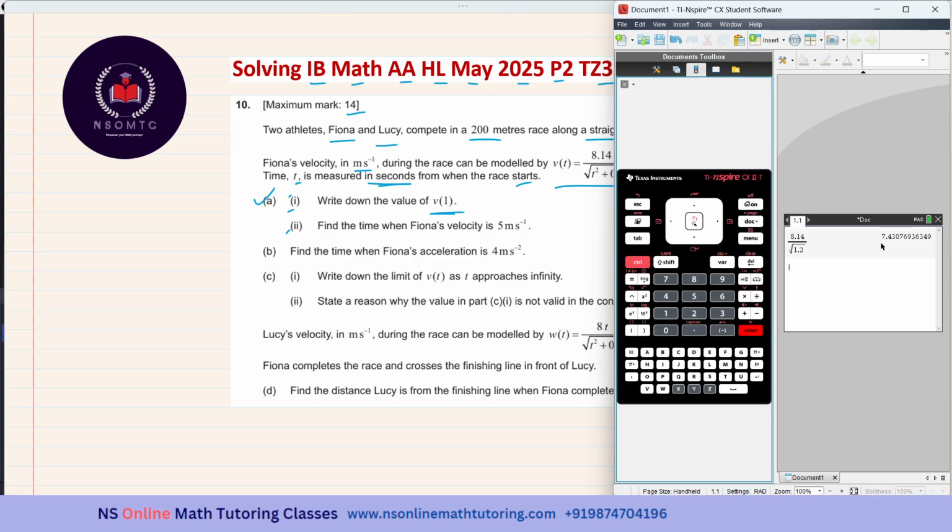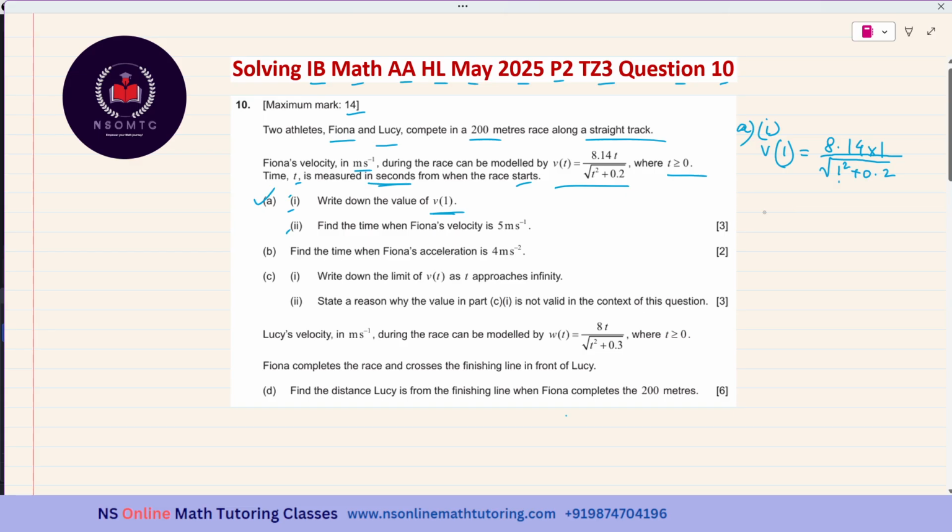Enter. 7.43. Correct to 3 significant figures, it is 7.43. So using GDC, V of 1 is equal to 7.43 meters per second, correct to 3 significant figures.